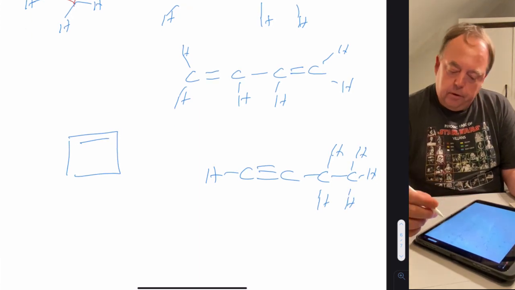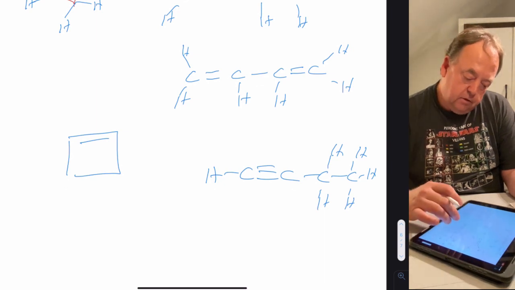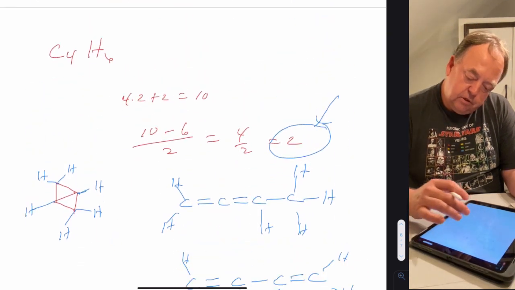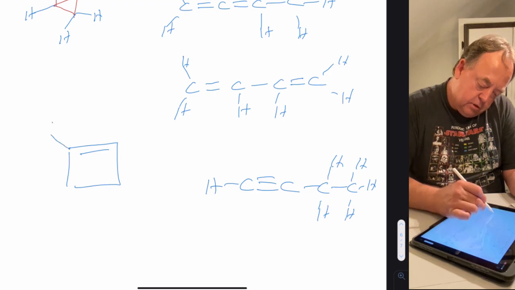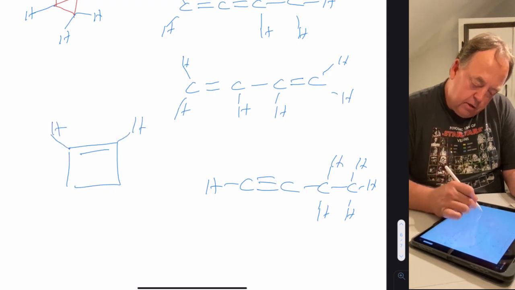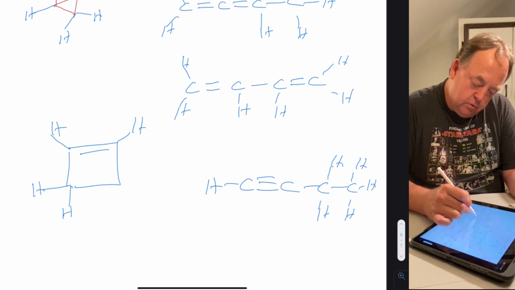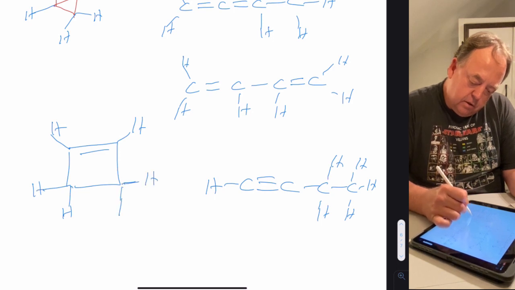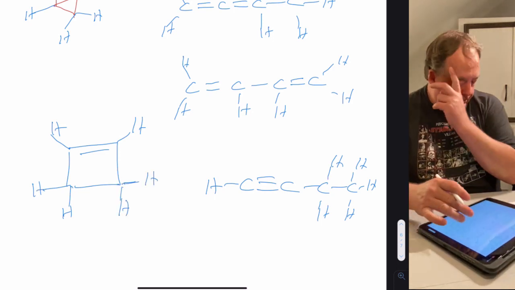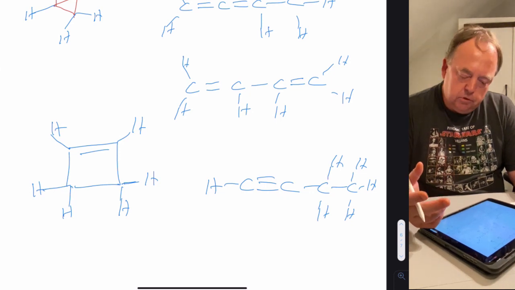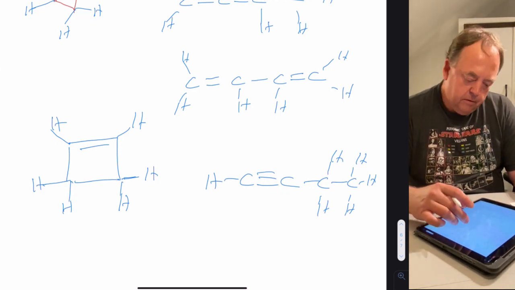Right, that's C4H6, C4H6. So all of these are C4H6. This would have, those two would have 1 hydrogen, and this carbon would have 2, and this carbon would have 2. So they're all constitutional isomers. They're all structural isomers of each other.